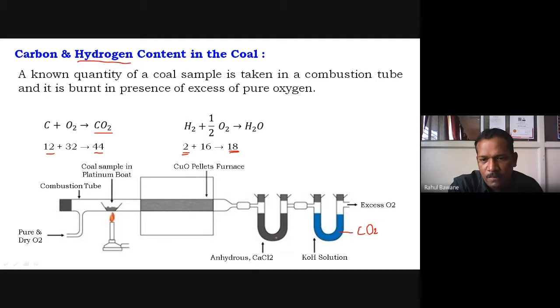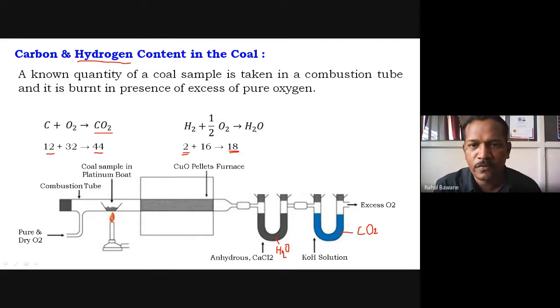Here we actually absorb H2O, that is water vapors, but with the help of the relation, we come to know the hydrogen content in the coal sample. So for CO2, 12 by 44 amount of carbon will be there.